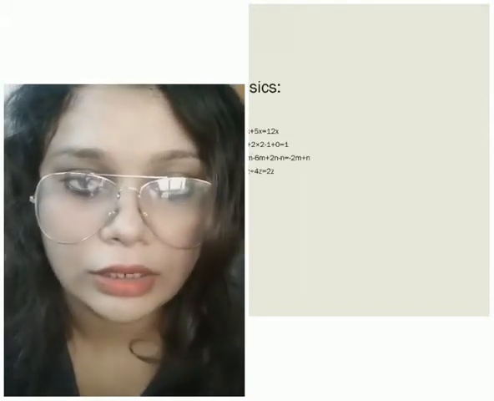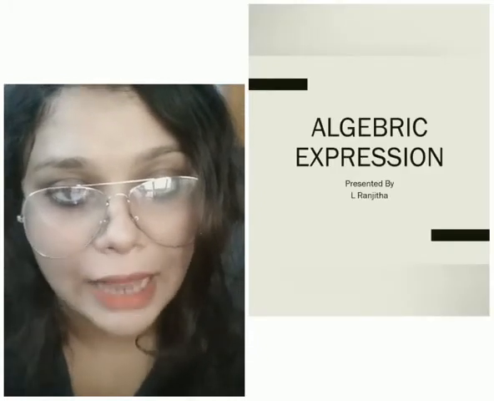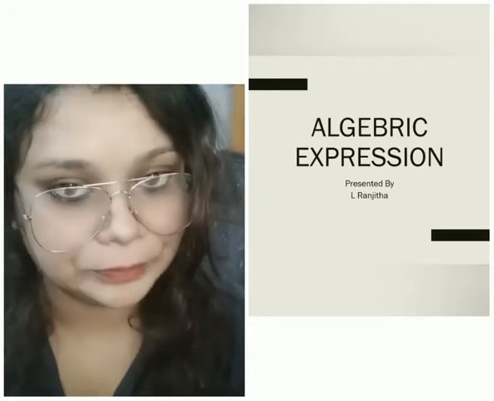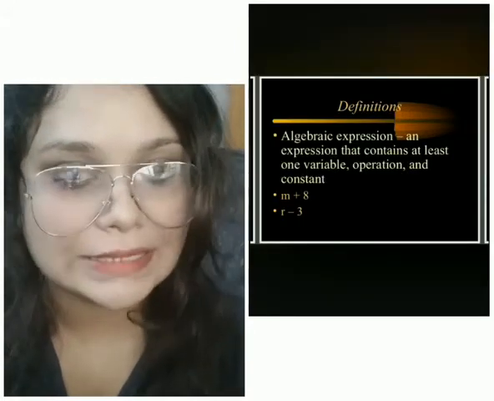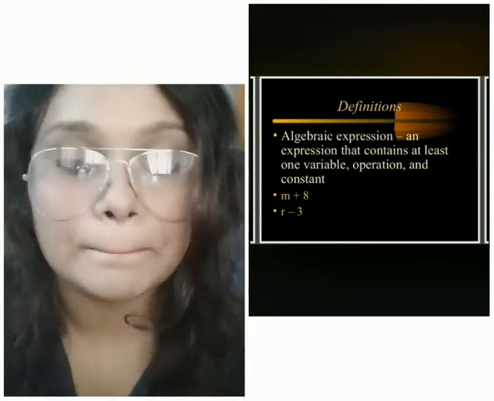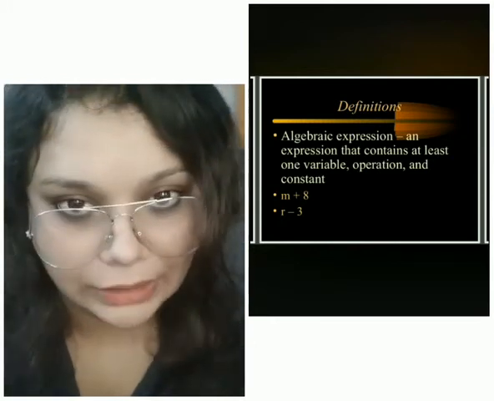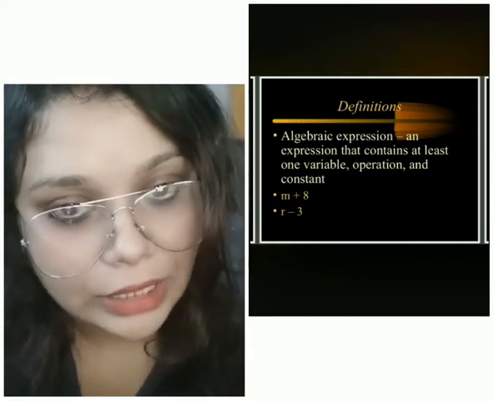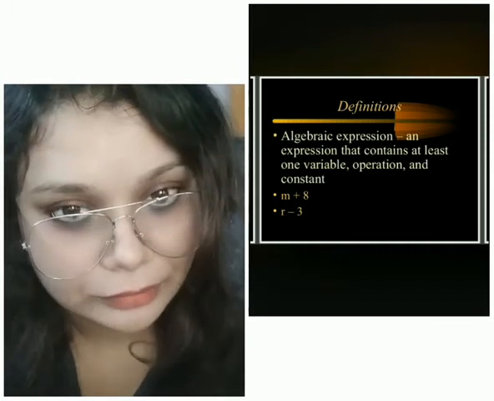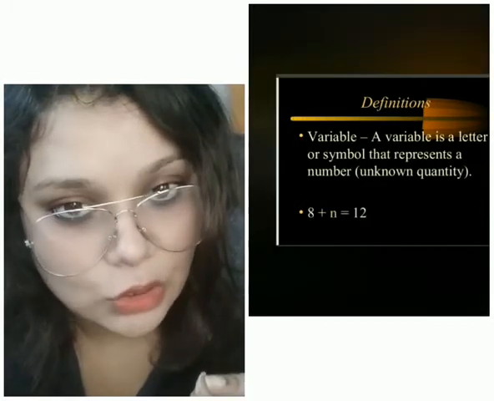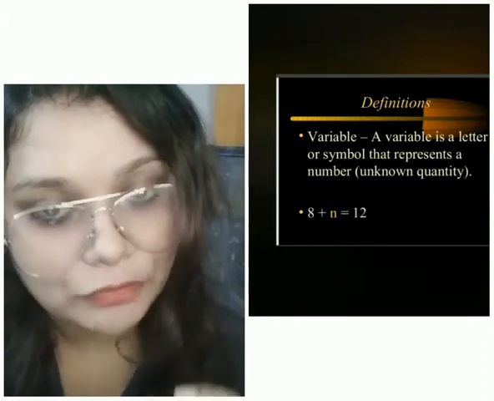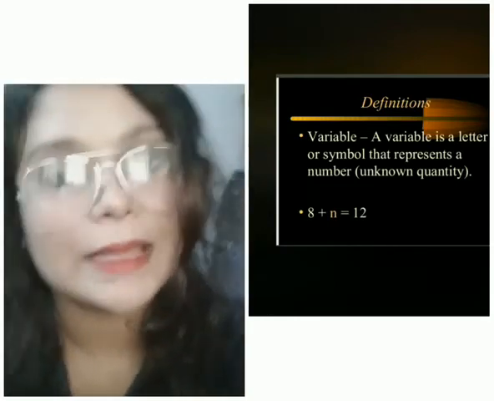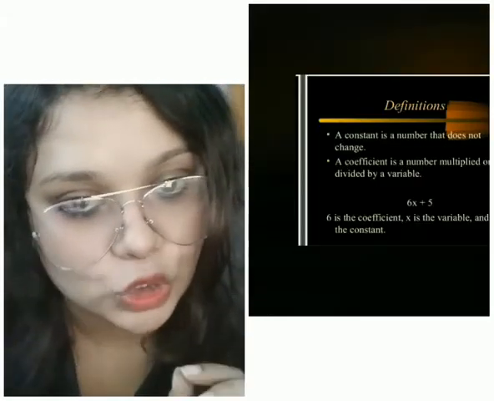Next, here it is given 4m minus 6m plus 2n minus n. 4m minus 6m is minus 2m, right? Why? Because the greater number has the negative sign. So while subtracting, you have to mention the bigger number's sign. So 4m minus 6m is minus 2m.